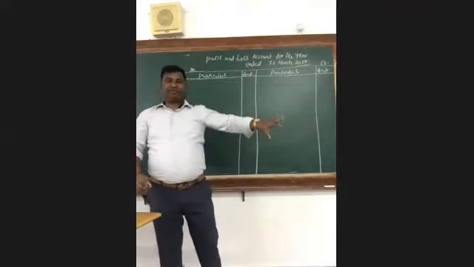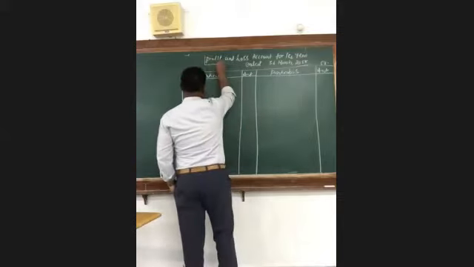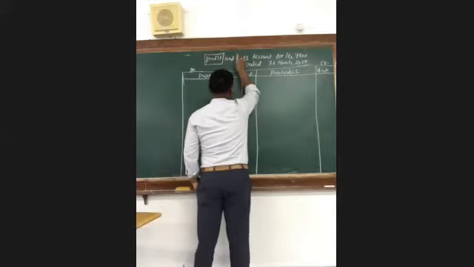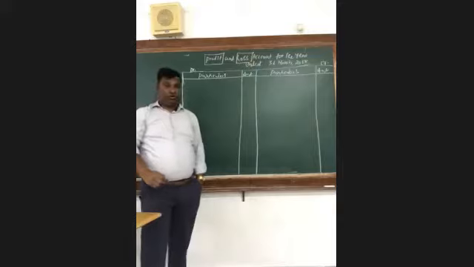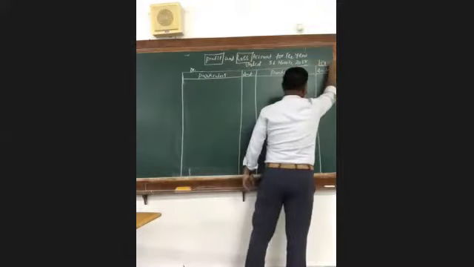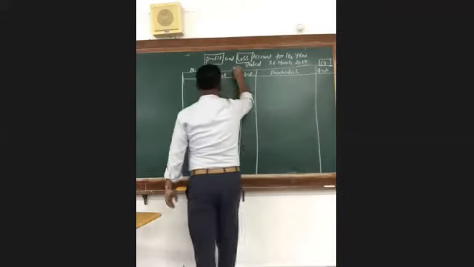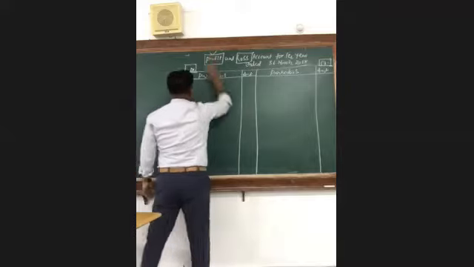There are two sides for the profit and loss account. That means this account may show profit or loss. Let me tell you, if the total of credit is more than the total of debit, then we say profit.